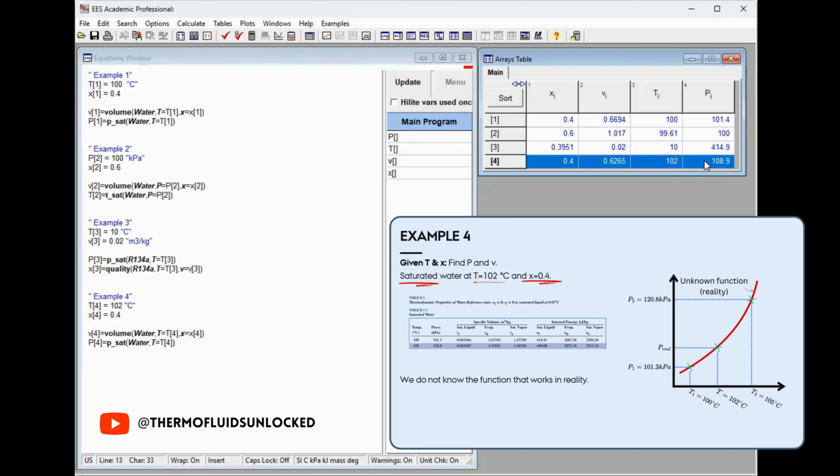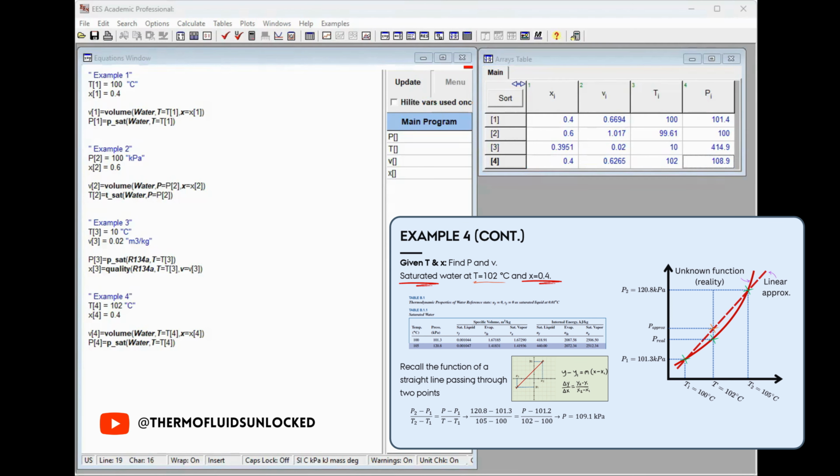So what we do, we instead say, what if we assume that we can have a linear form of function between these 2 points and find an approximation for the pressure corresponding to a temperature of 102? This is an approximation.